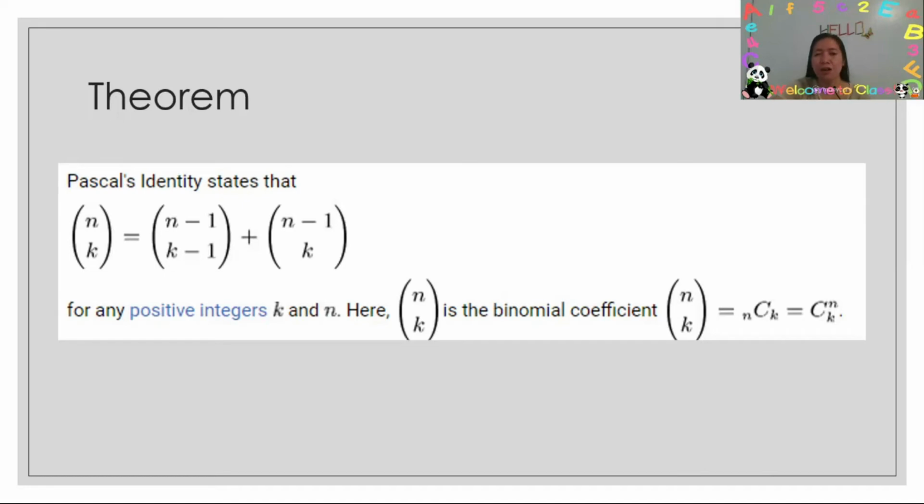So here, our binomial coefficient n and k can be expressed in these common forms. So it involves the C here, the combination. For those who don't know yet, combination is a mathematical technique that determines the number of possible arrangements in a collection of items where the order of the selection does not matter.